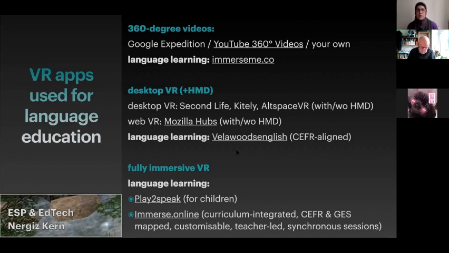First of all, you're alone in this one for once. There are no other learners, but you interact with chatbots if you want in this world. And this is CEFR aligned, so great if you want to use it at the language school for specific levels. There is also a demo version which you can try out.